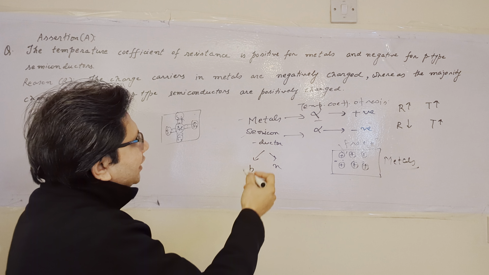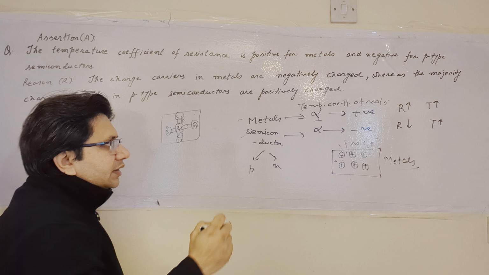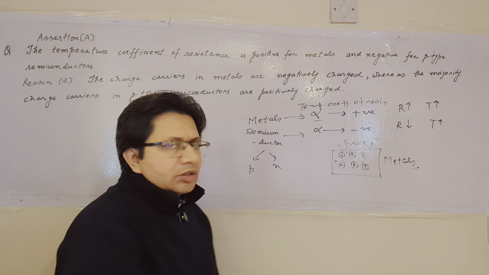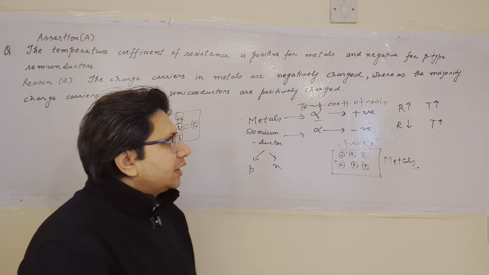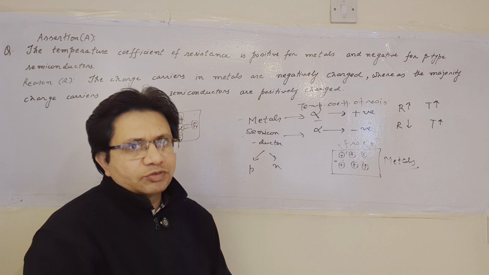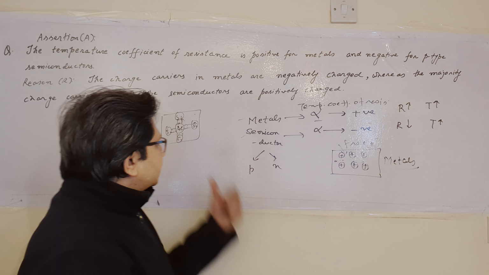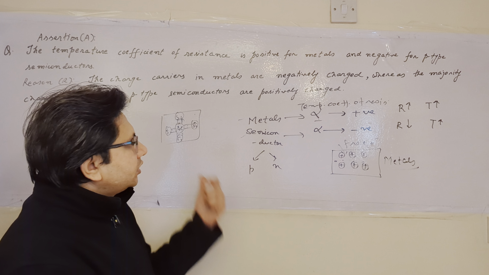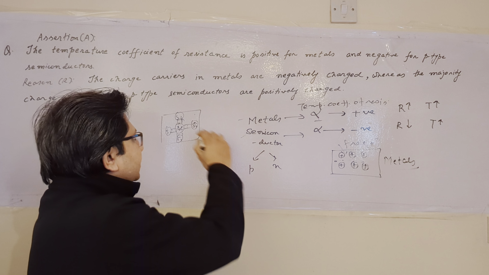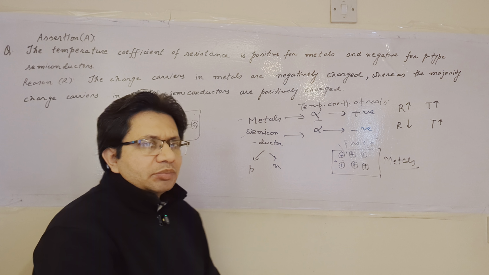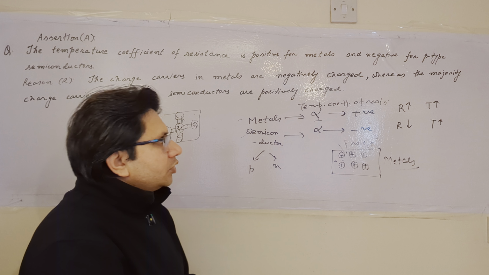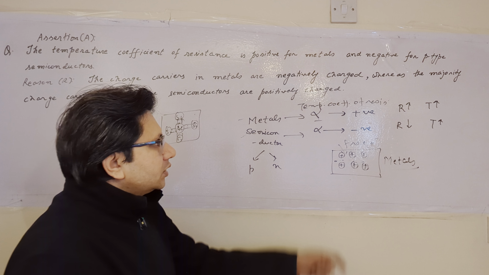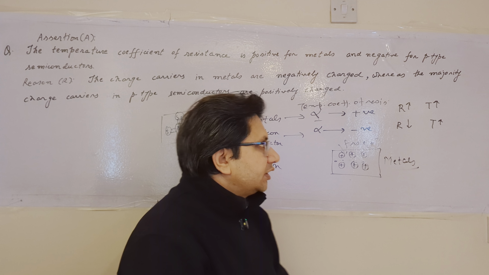In p-type the charge carriers are holes, whereas in n-type they are electrons. But in both cases, the covalent bond gets broken and we get charge carriers in movement form. This effect is predominant in the case of semiconductors. So when temperature increases, the majority charge carriers become free and can move easily, and that's why the resistance goes down as the temperature increases.